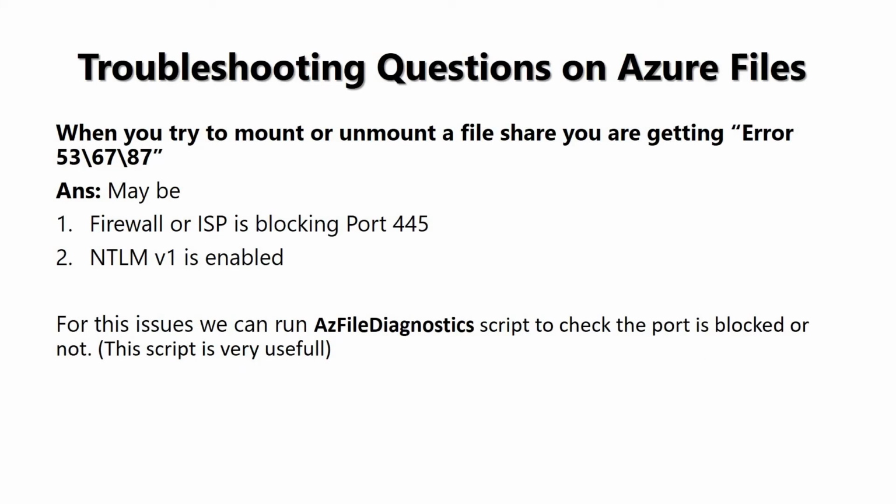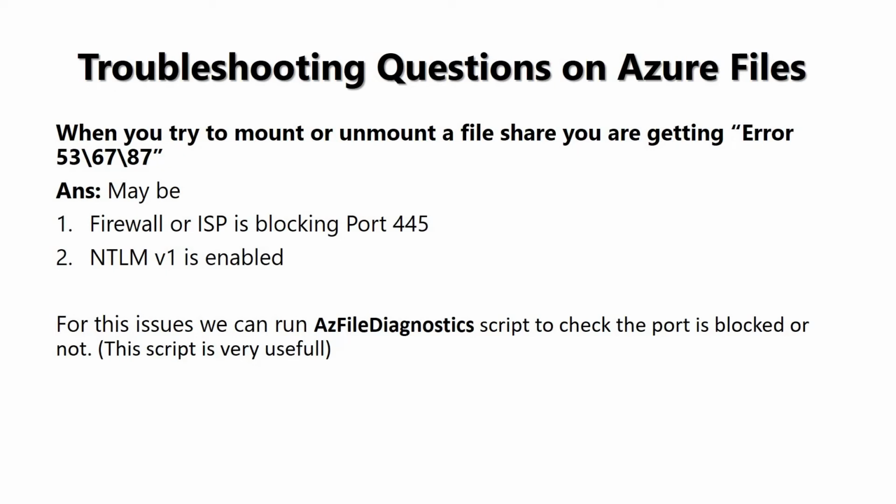The next scenario based question can be, when you try to mount or unmount a file share, you are getting error 53, or error 67, or error 87. In this case, how do you troubleshoot? We have to answer in this way, that maybe the firewall or ISP is blocking port number 445, or maybe NTLM version 1 is enabled.